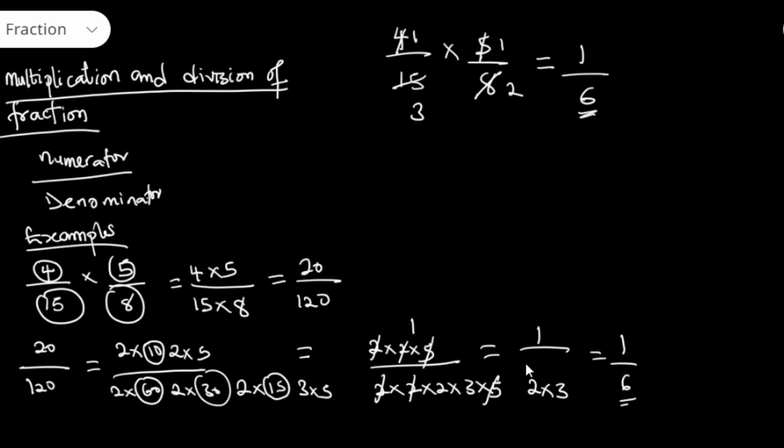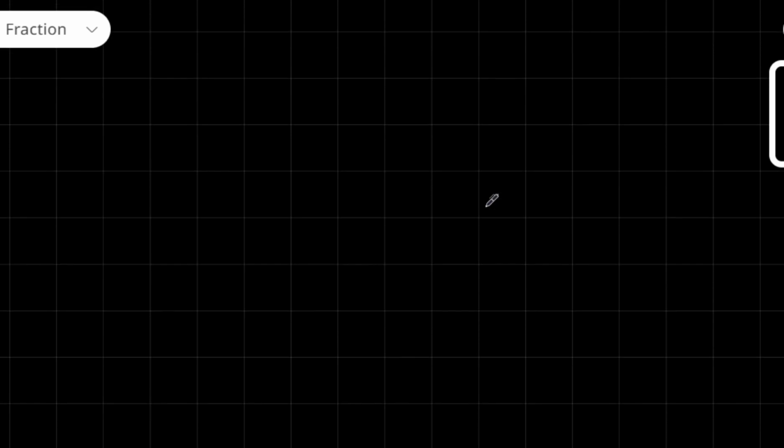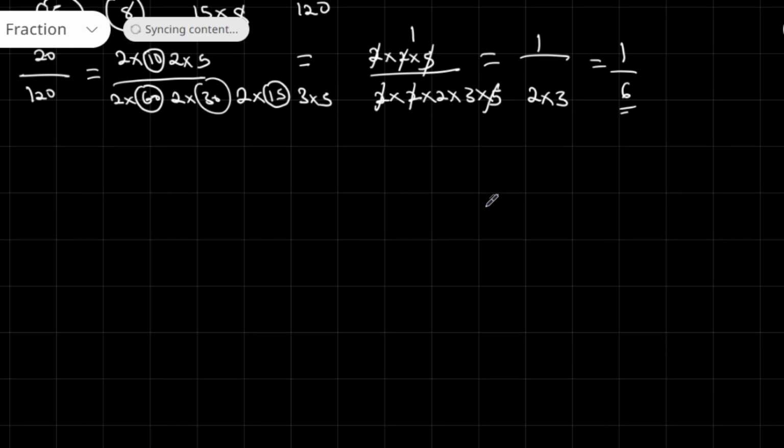Now, we look at division. So for example, if I have 4 over 12 divided by 2 over 3.